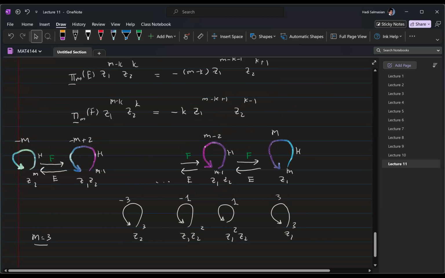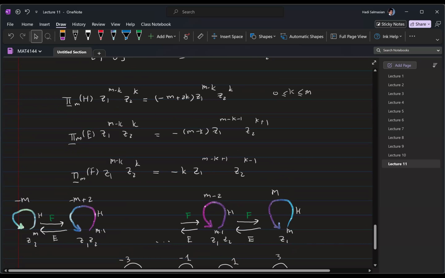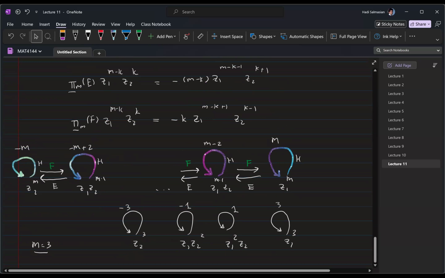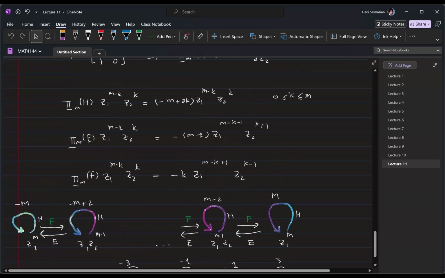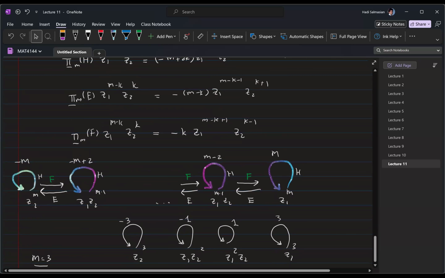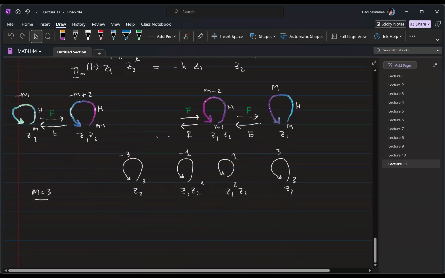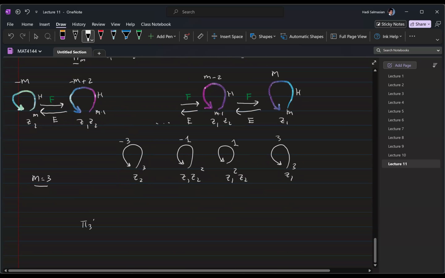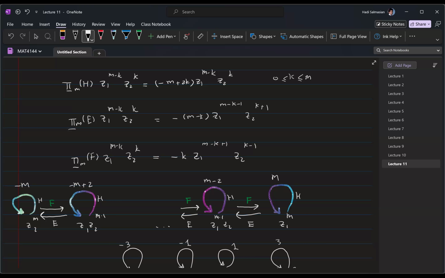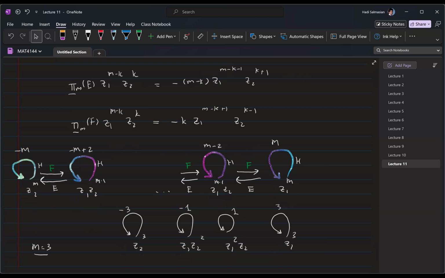Now, looking at this formula, what is pi_3(e) for the vector Z1 cubed? From this formula, we can compute it. Z1 cubed corresponds to k equal to 0, so it gives you minus 3 times z1 squared z2.